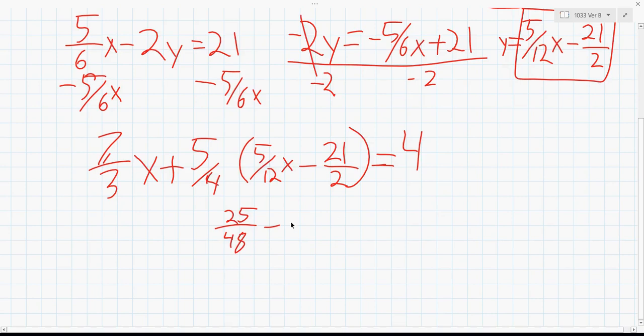Minus, and again, we'll do 21 times 5, which will give us 105 divided by 4 times 2 is going to be 8 equals 4 on the outside, and this has an x value, and then it's going to be 7 over 3x plus that. So then I got to find the common denominator between 48 and 3.